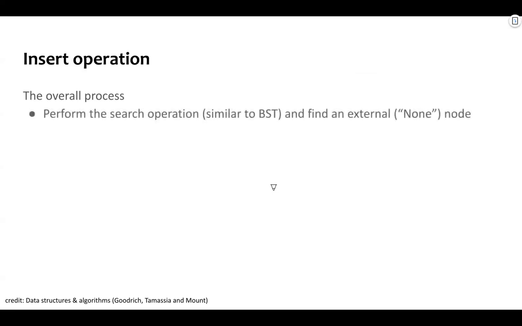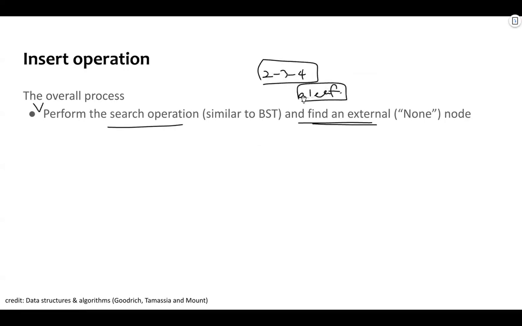And I'm going to describe the overall process of insertion for red-black trees, and then I'm going to show you a concrete example. So to insert a new item to a red-black tree, what we do is first perform the search operation and find an external node. Because in the case of 2, 3, 4 trees, when we were inserting, we always looked for a leaf node, and on the leaf, we inserted that new item.